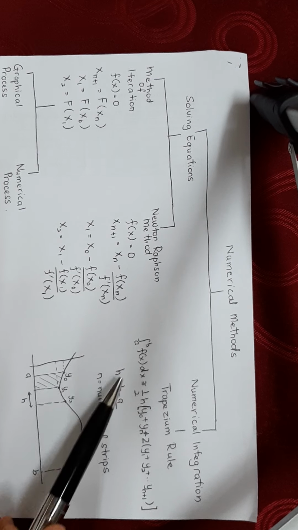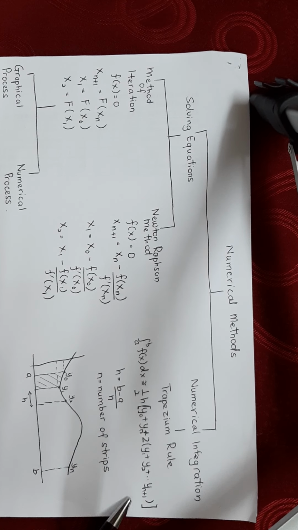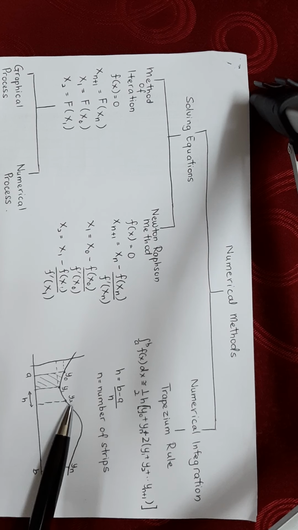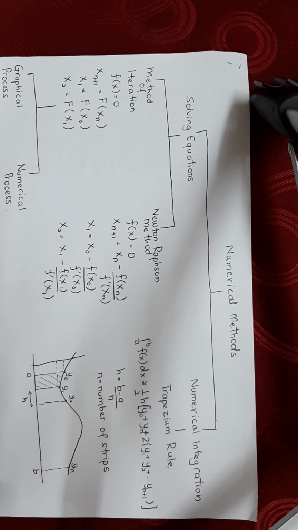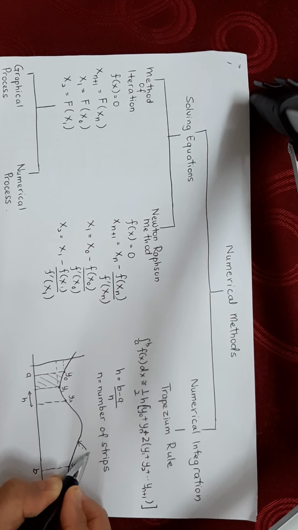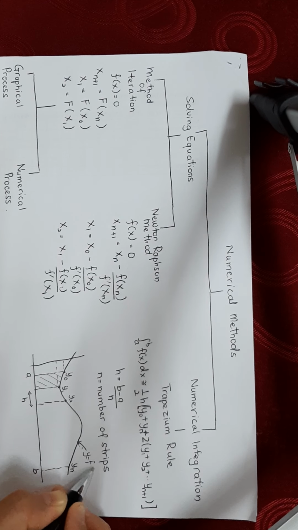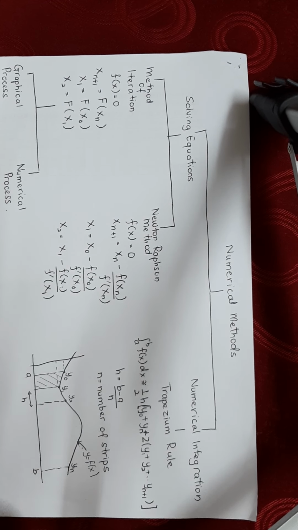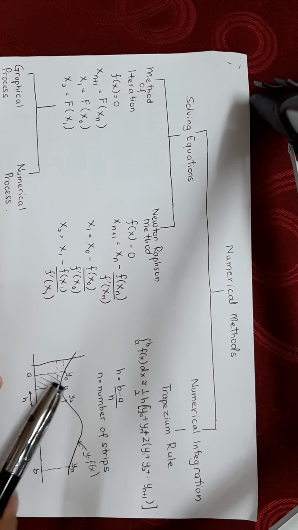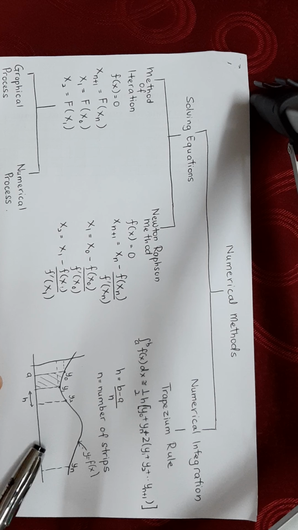This formula is to find the area under this curve, y equals f(x), between a and b. Divide it into as many strips as you want, or as specified in the question.